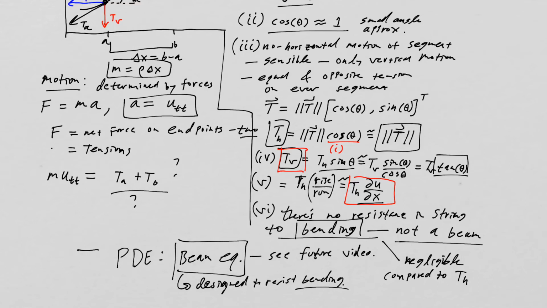Okay, so now let's see if we can put all this together. We've got a lot of good pieces here. So what we have, MA, is equal to rho times delta x, that's my M there, times u_tt, and that's going to be equal to the sum of all the forces, which is TA plus TB.